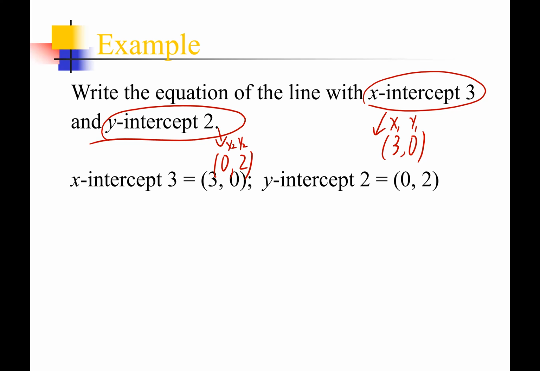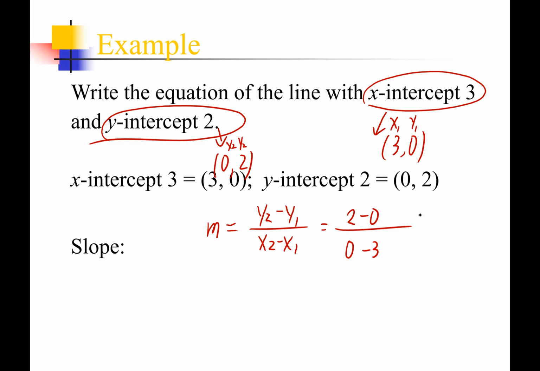The next thing is find the slope, right? Slope is equal to y2 minus y1 over x2 minus x1. So this turned out to be 2 minus 0 over 0 minus 3. So this is 2 over negative 3. So slope is negative 2/3.